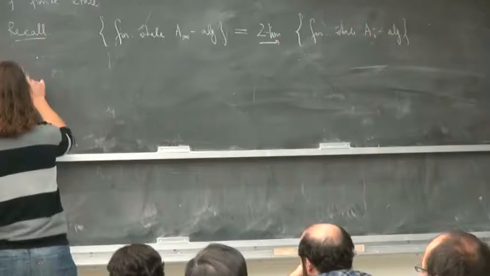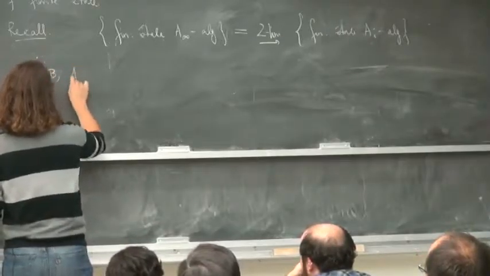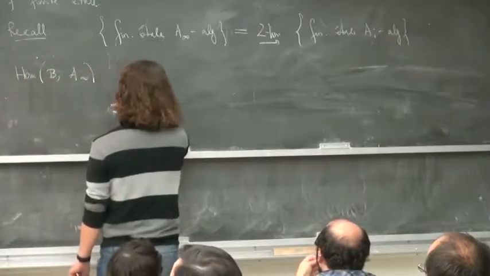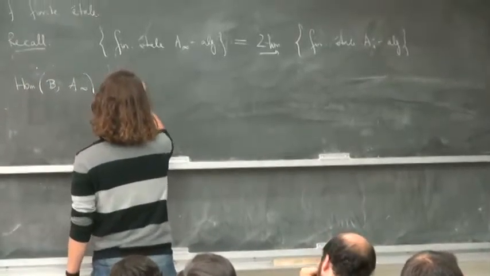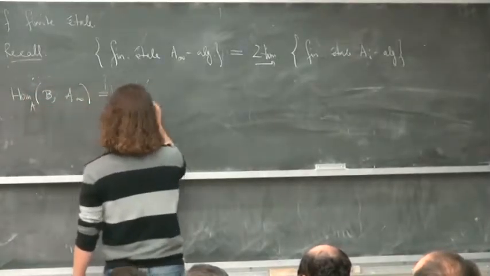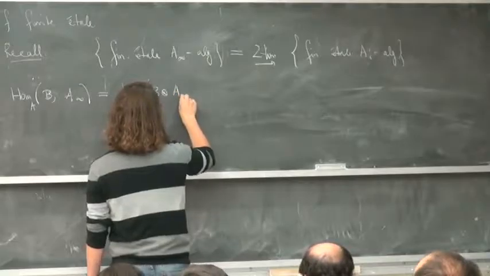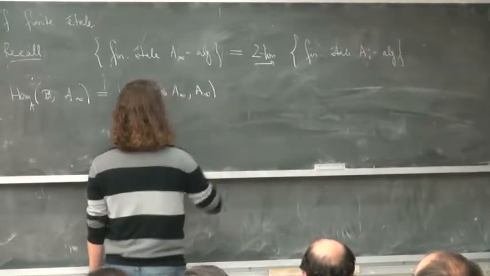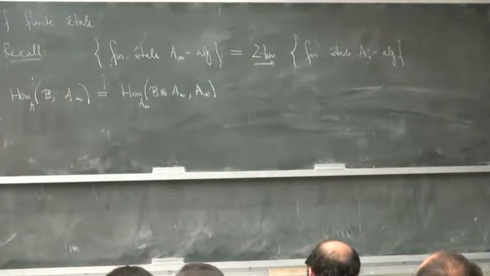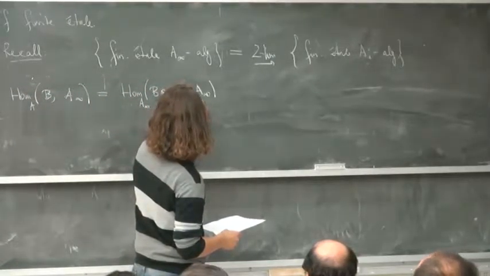Why? Let me write it out. We have to compute homomorphisms from B to A infinity over A. That's the same as homomorphisms over A infinity from B tensor A infinity to A infinity. But now this is a finite étale A infinity-algebra.